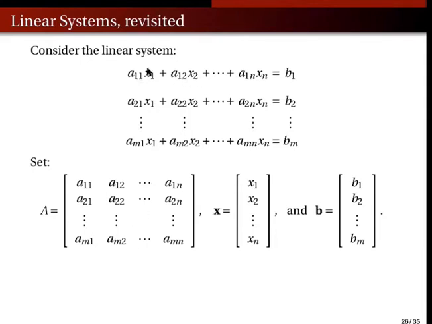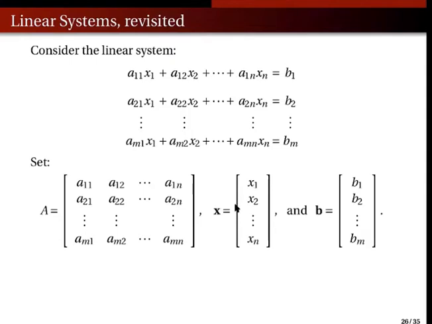And then the unknown variables, x1, x2 until xn, we put as a column vector. So look at how we wrote that. And then the constant parts of the equation, so b1, b2 until bm, we write also as a column.